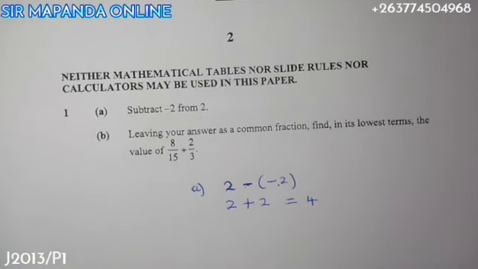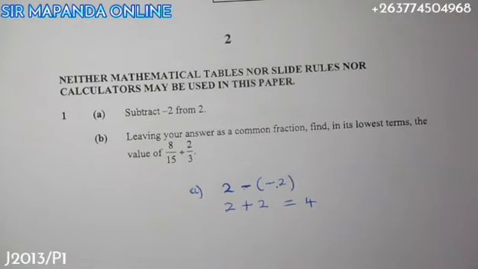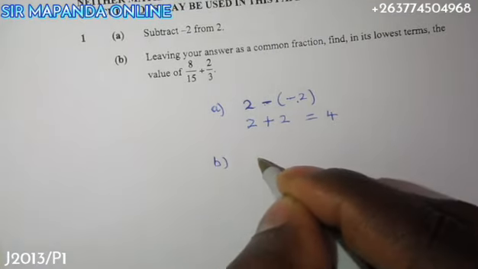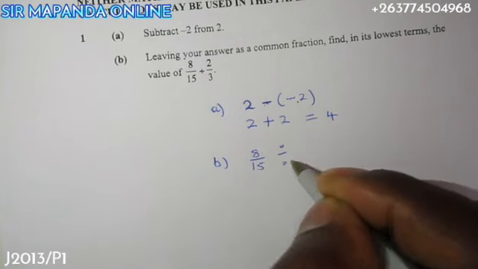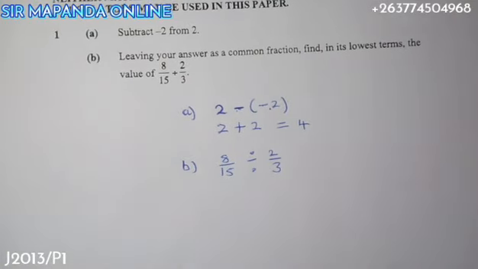Leaving your answer as a common fraction, right? Find in its lowest terms the value of 8 over 15 divided by 2 over 3. So let me start by writing the equation first. 8 over 15 divided by 2 over 3, something like this.